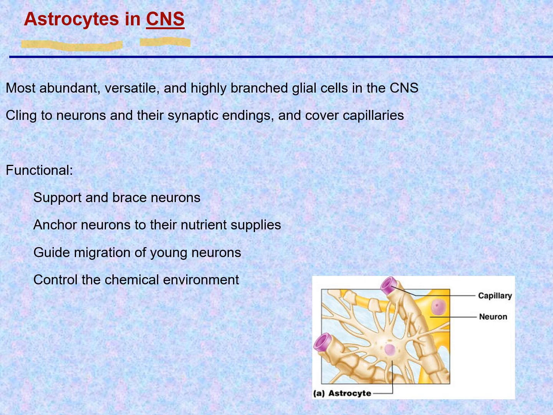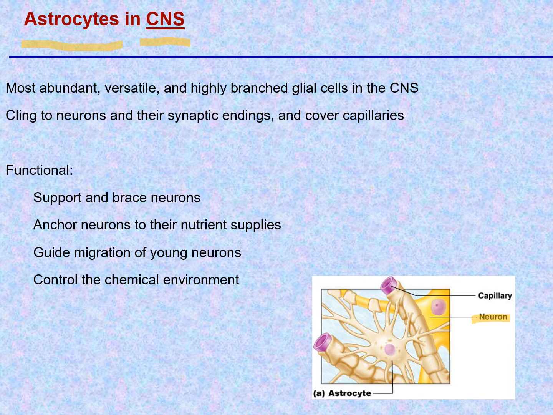It's wrapping around these capillaries, blood vessels, and also wrapping around these extensions that are coming from a nerve cell or neuron. You see here a neuron right there. There's the nucleus of the neuron in the middle of the cell body, and there are many long extensions going out. They only show one here, but there are many long extensions going out from that neuron, and they connect to other neurons or other types of tissue.